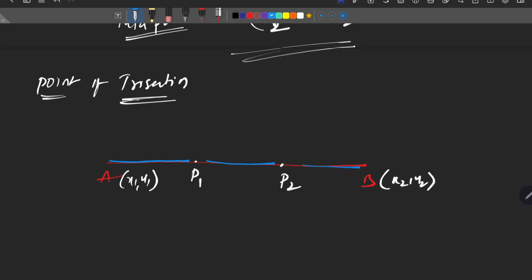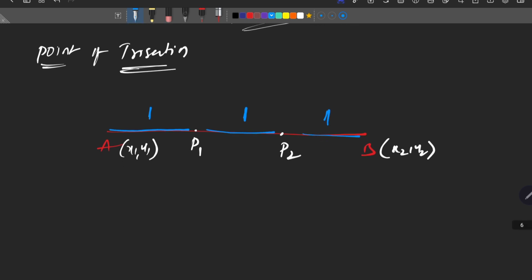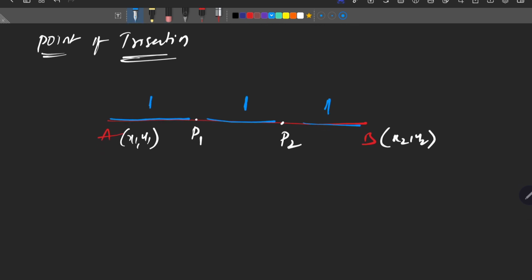In ratio terms, this is one part, and this is also one part, and this is also one part. Then it is quite similar to the section formula, where we can consider m as one part and n as the addition of the other two, which is two parts. Therefore, case 1: m is to n is 1 is to 2.